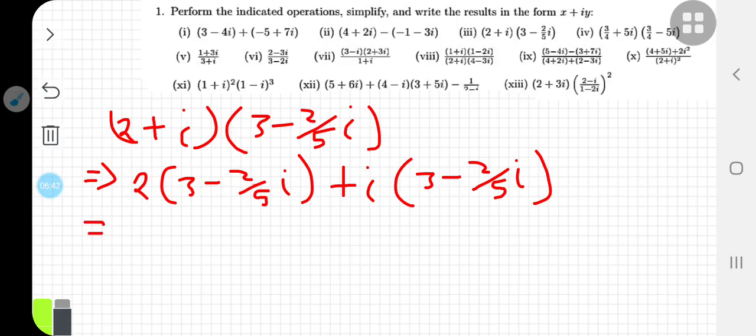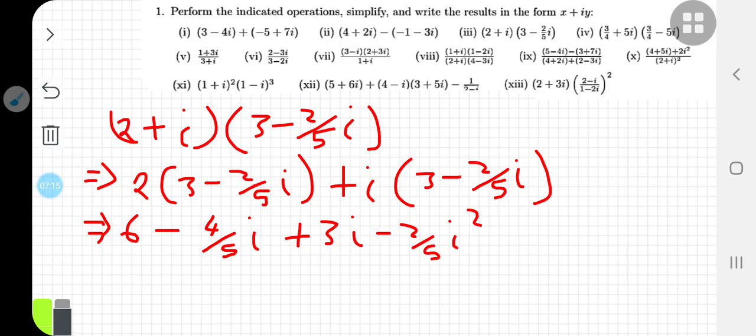From here, just the multiplication, we have 6 minus 4 over 5i, plus 3i, and minus 2 over 5i squared. It's just the normal multiplication.